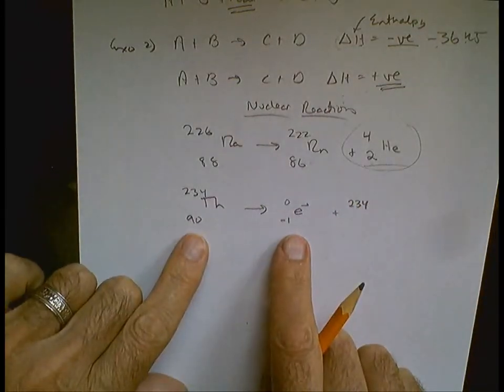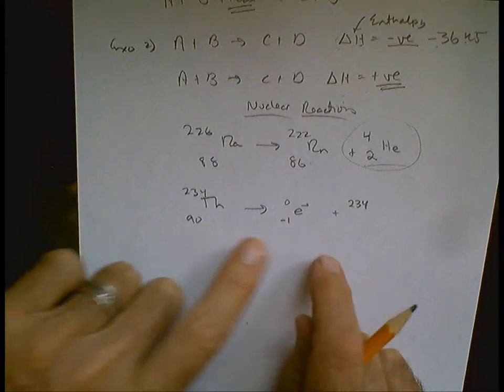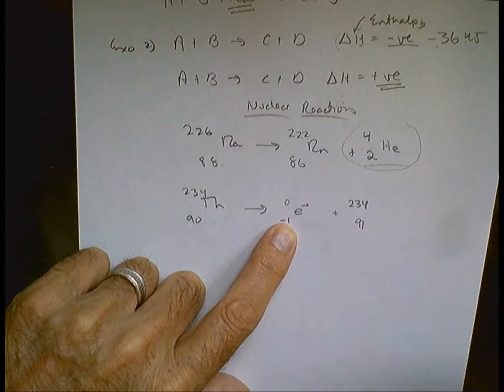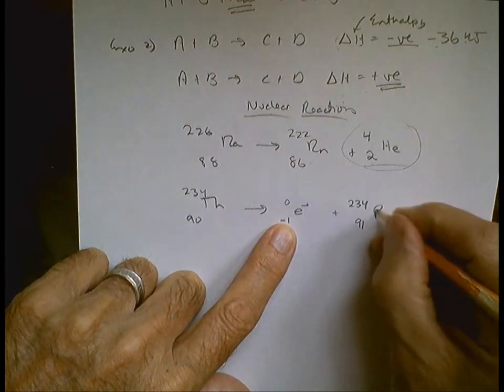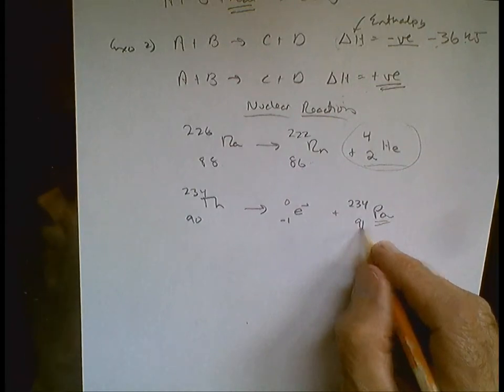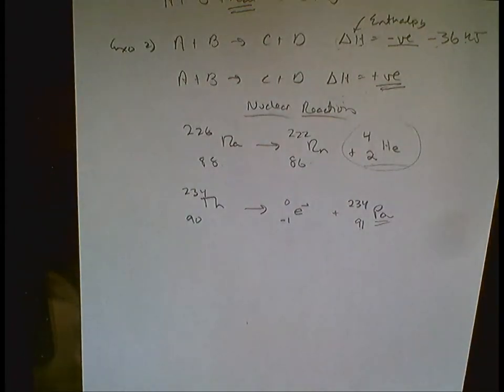And over here we have a 90 and here we have a minus 1. What plus minus 1 gives us 90? That's going to be 91. So if we look up the element that has an atomic number of 91, we would find that this is the element right here. All I've done here is I've worked on the balancing aspect of things.